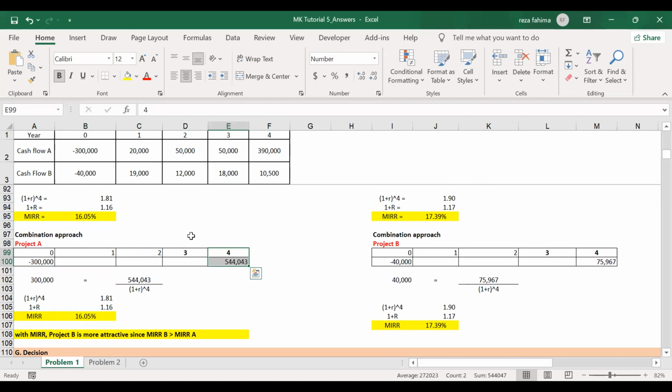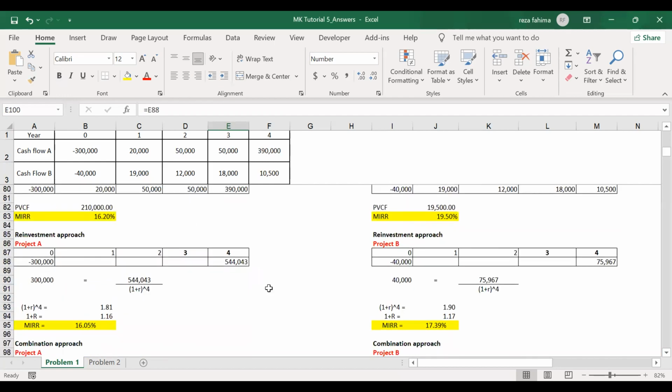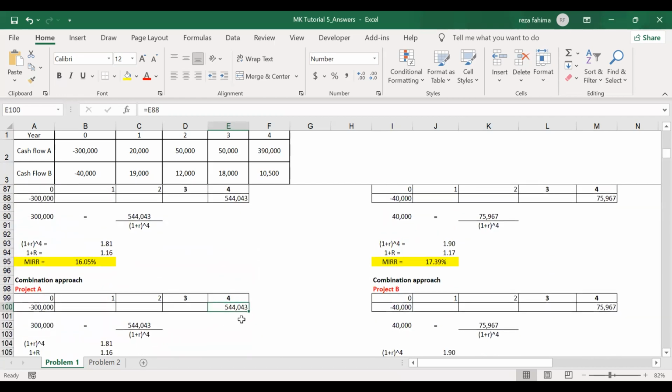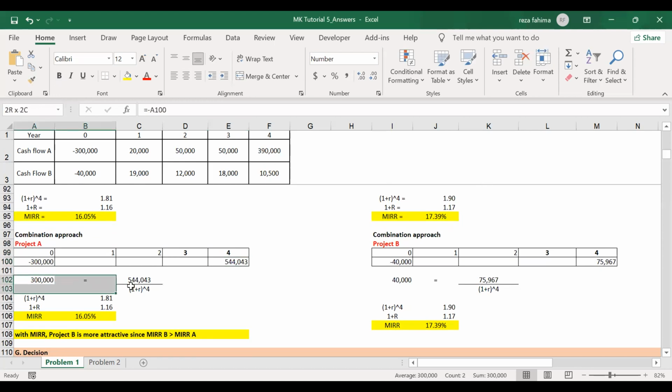Since we don't have any negative cash flows, we just need to compound all the cash flows from years 1, 2, and 3 to the fourth year, the same way as before, so we can just refer to the reinvestment approach. We get the modified cash flows for the combination approach, and then we have to make it equal again. The initial investment equals the modified cash flows divided by 1 plus r to the power of 4.